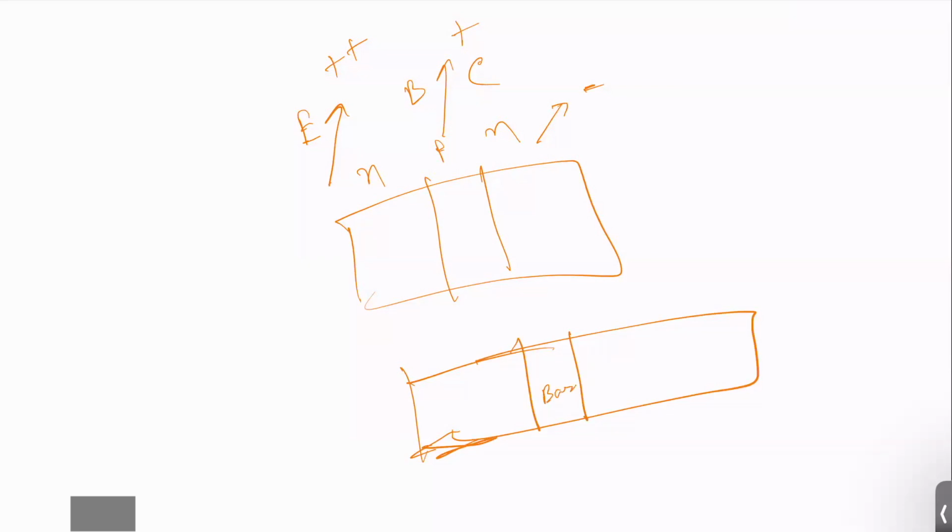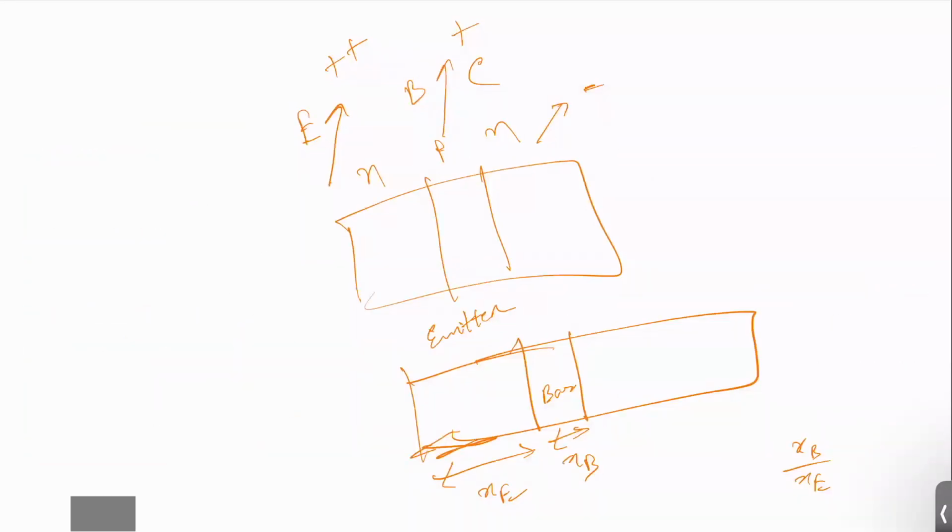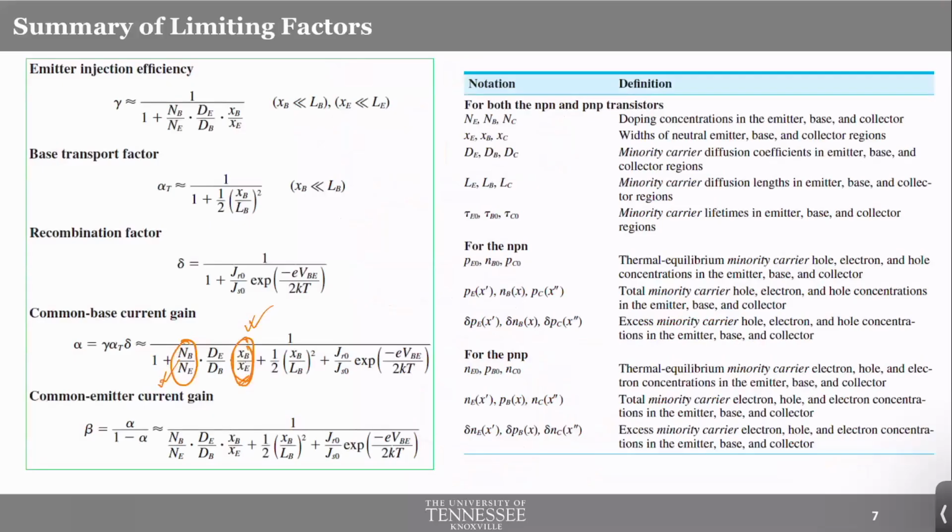If this is the base, this could be the emitter. That is deliberate because we want to make sure this is XC, this is XB. We want to make sure XB over XE, which is this factor, is as small as possible. And to achieve that, we make XB smaller than XE.